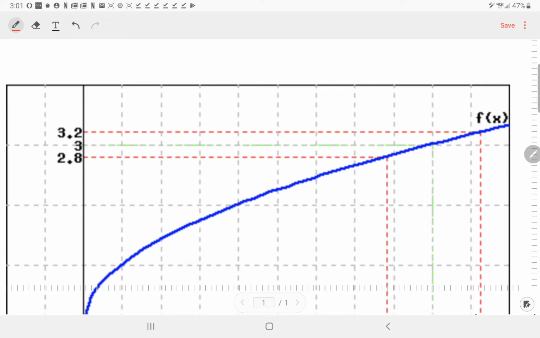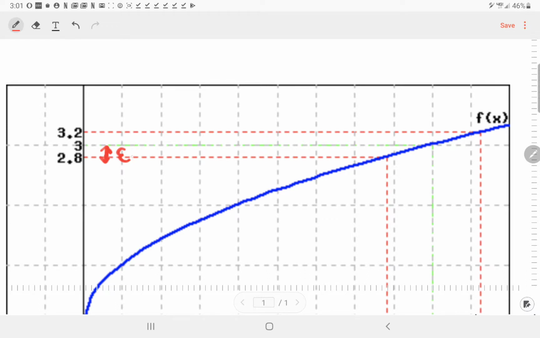For this particular question, if the size is 3, which is right in the middle, that would be the perfect size. But we can get away with anything between 2.8 and 3.2, and this deviation away over here is what we call our epsilon.